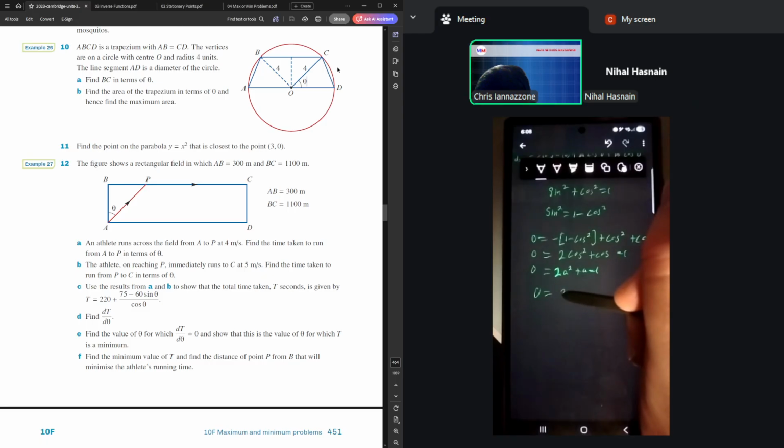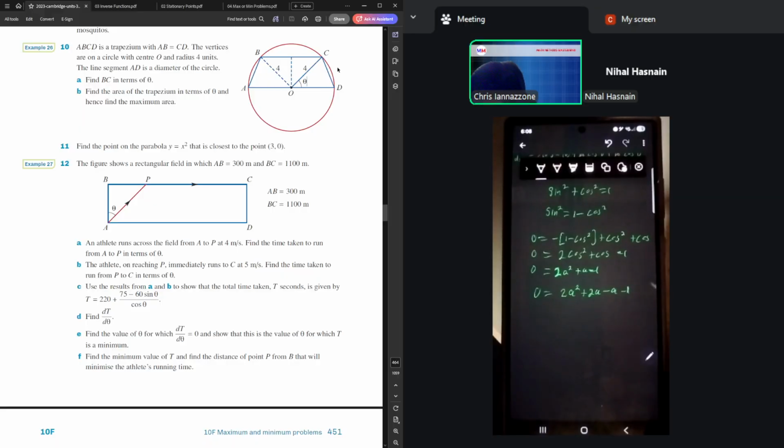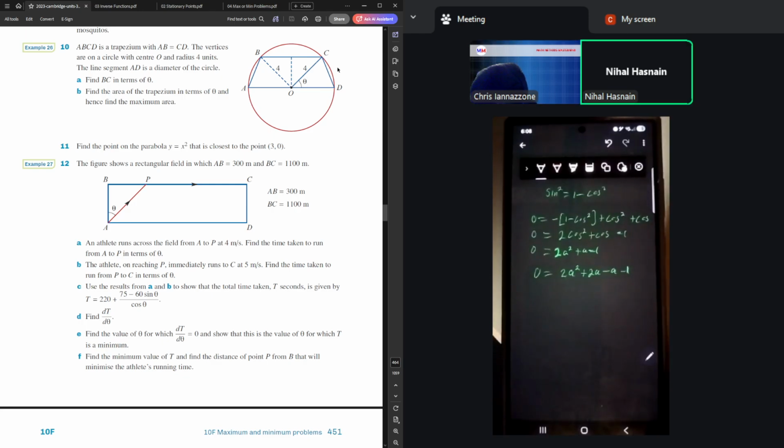So we can write 2a squared plus 2a minus 1a minus 1. Oh, okay, now I see what you mean. You're just splitting this up and then doing basically grouping at this point. Okay, cool, I follow.